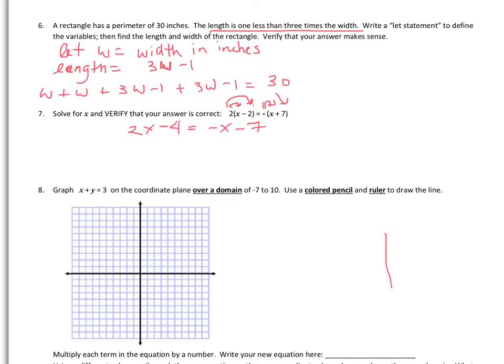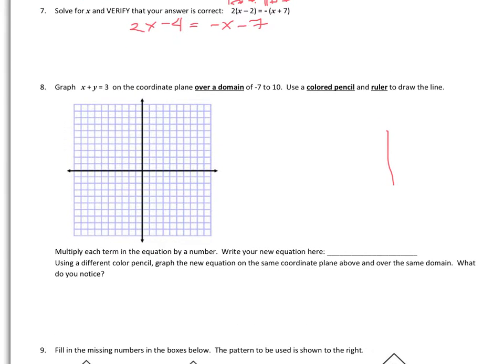Okay, number 8. It says, graph x plus y equals 3 on the coordinate plane over a domain of negative 7 to 10. And use a colored pencil and ruler to draw the line. Well, you don't really need to do that. But if we do have an equation, x plus y equals 3, we have to put it in y equals mx plus b form.